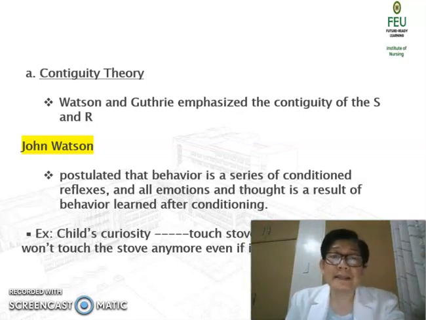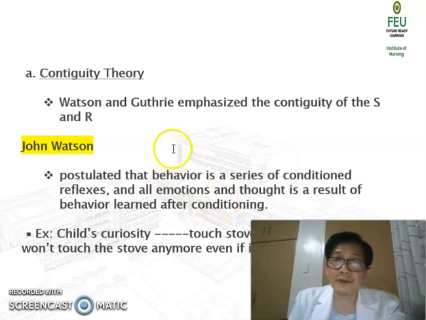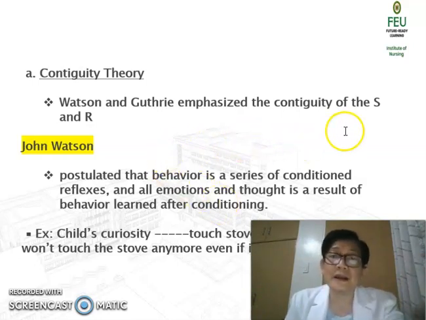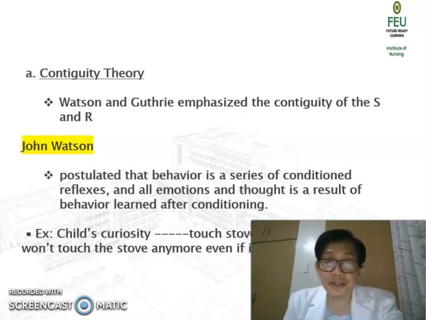Example, contiguity theory. Watson and Guthrie emphasize the contiguity of the stimuli and response. John Watson postulated that behavior is a series of conditioned reflexes, and all emotions and thought are a result of behavior learned after conditioning.